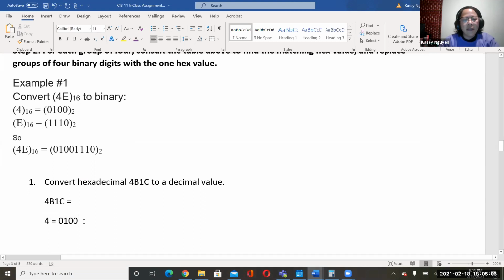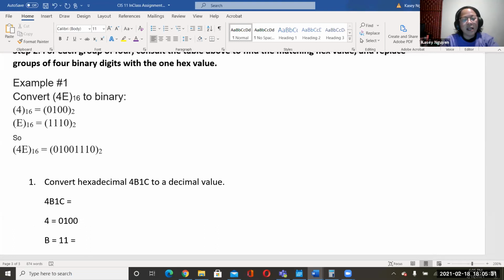Okay. And then the next digit that we're going to move to the right here is B. You can start from right to left, that's up to you, but it's easier to type when we go from left to right. So B, and we know that B in decimal would be 11. If we convert that to binary, that will be redundant.